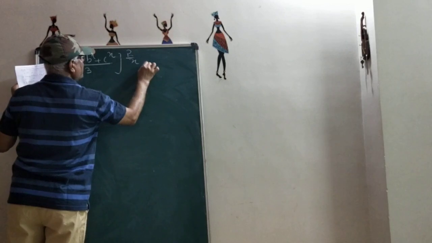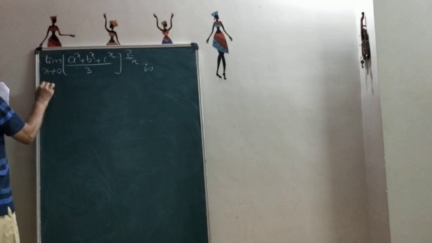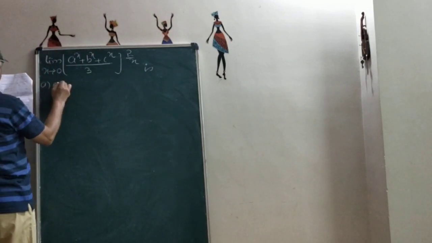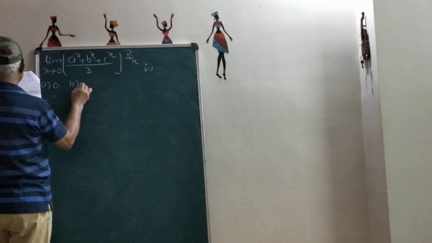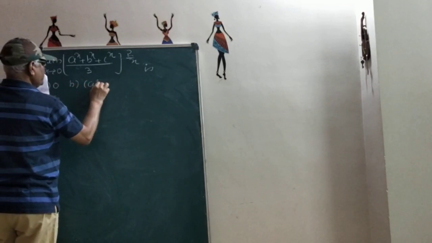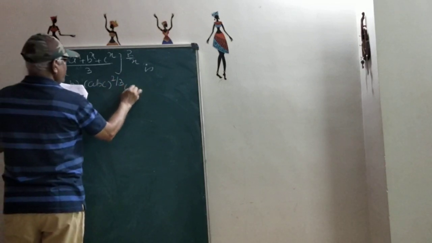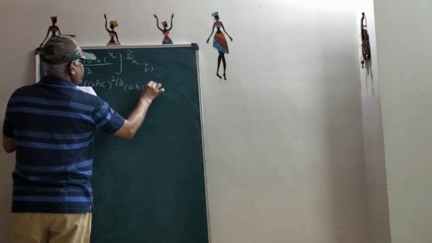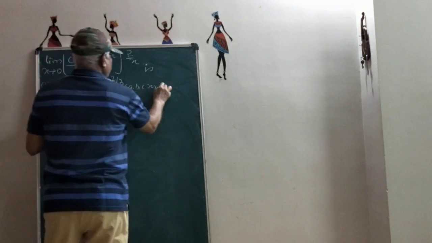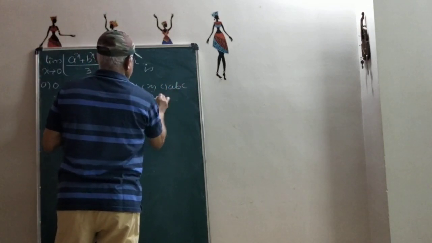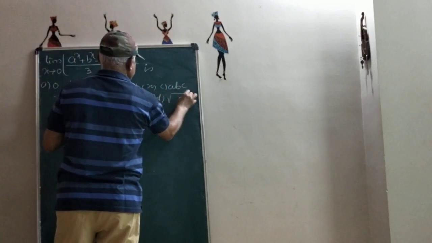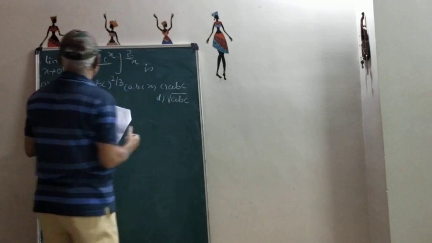The value of this limit is given by: the first option is 0, the second option is (abc)^(2/3), where a, b, c are greater than 0, the third option is abc, and the last option is the square root of abc.